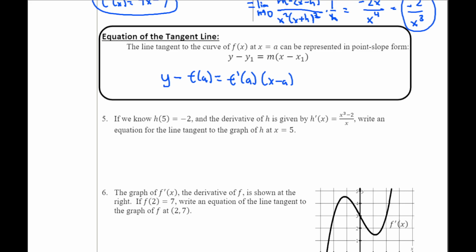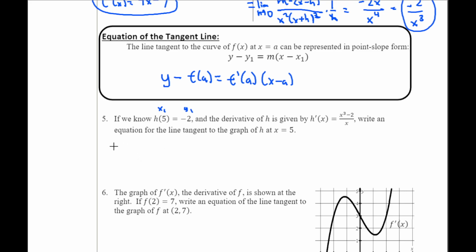So we know h of 5 equals negative 2. So you can think about this as your x1, y1. Your input's 5, your output y1 is negative 2.